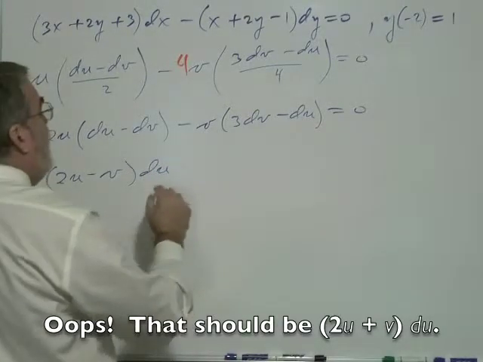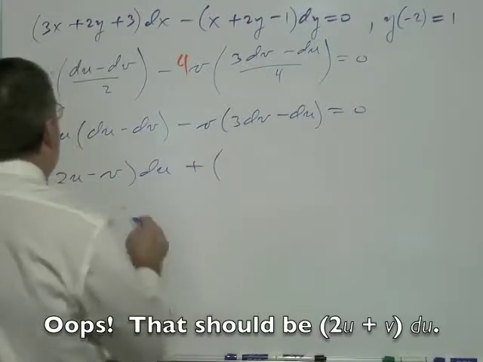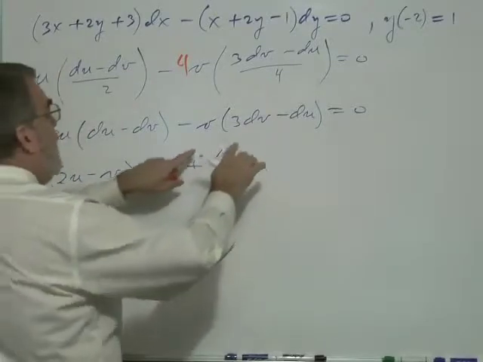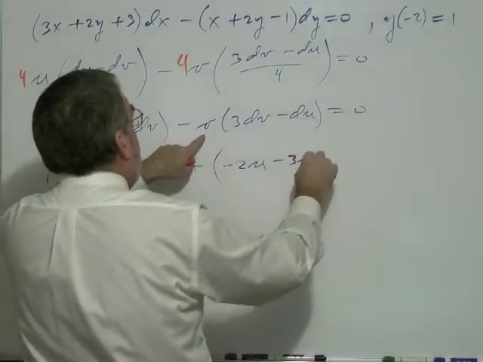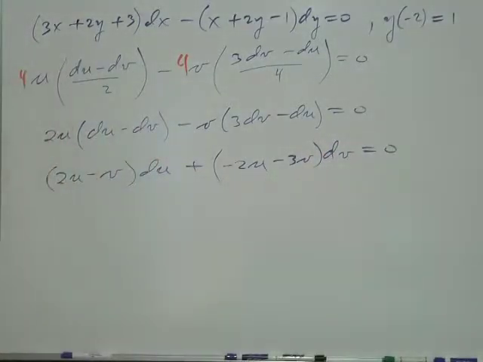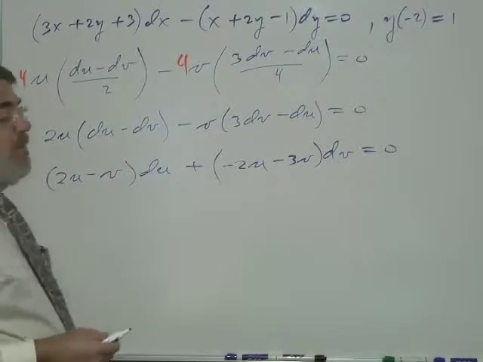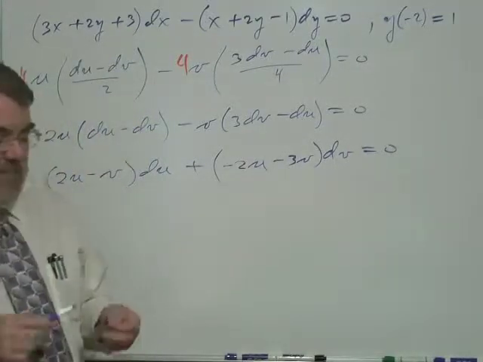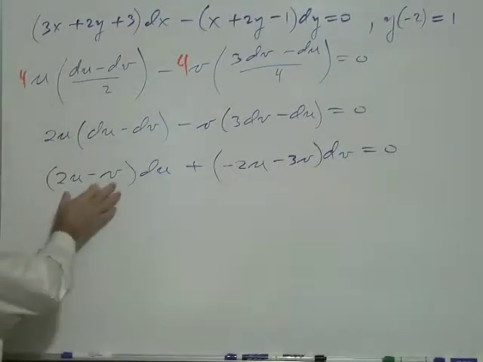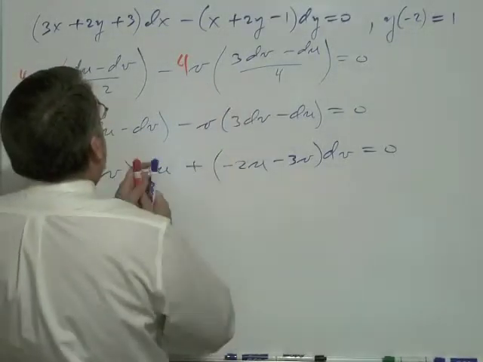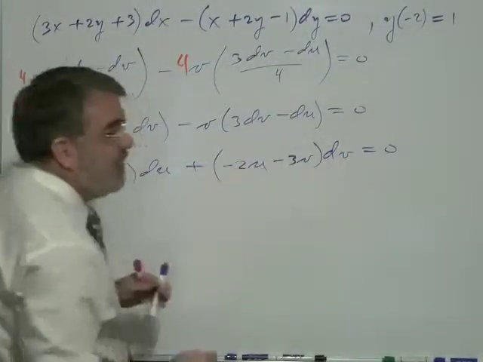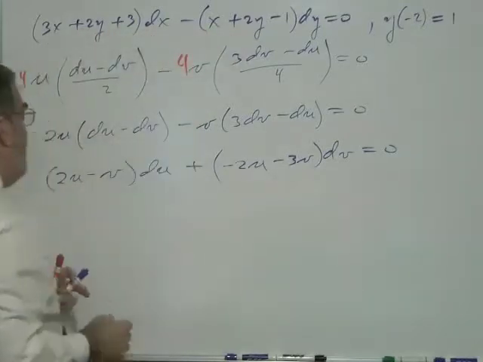And then we have plus negative 2u dv, negative 2u, and then another dv term is minus 3v, and that's dv, equals 0. So what we succeeded in producing is an equation with homogeneous coefficients. In other words, in a sense, we eliminated the constants. However, the coefficients did change from here, as you can see.